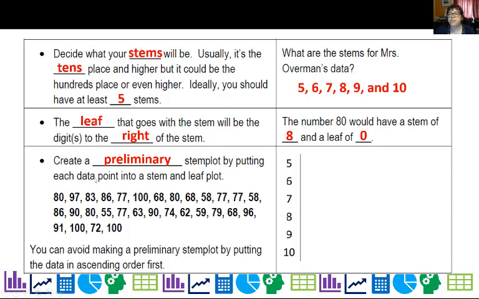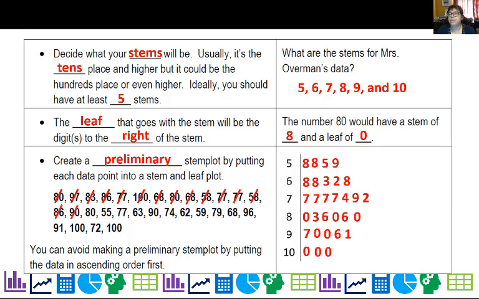So in your preliminary stem plot, 80, I would put a 0 with the 8. With 97, I would put the 7 here next to the 9. 83, the 3 goes here. Then we put a 6 on 7, a 0 on 100, and an 8 on 60. And we just keep going until we've gone through all the data points. And so there's my preliminary stem plot.